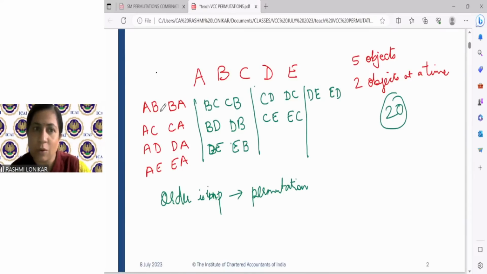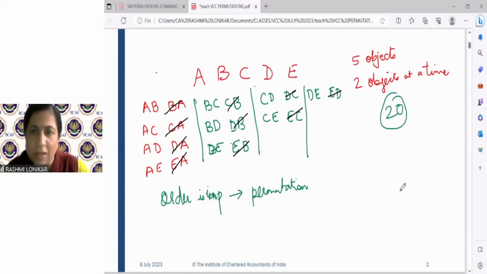So in this case, AB or BA are not taken separately, they're treated as one. So I cut this. AC and CA are the same. So AD and DA are one, and EA, similarly.